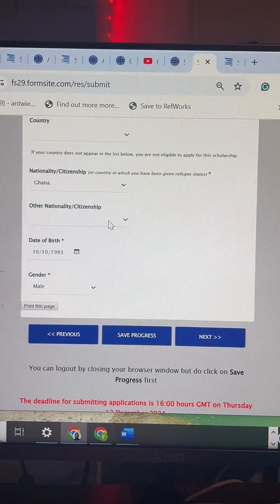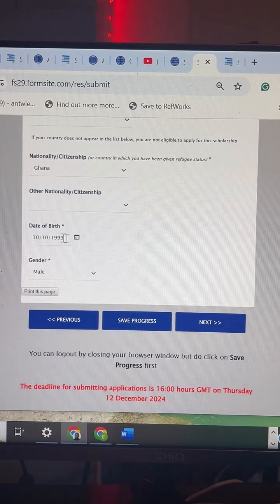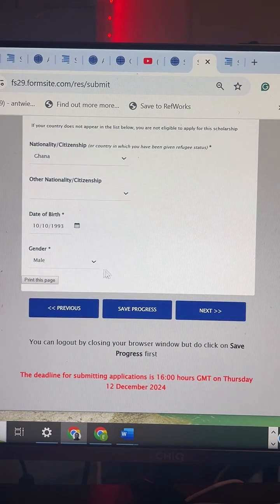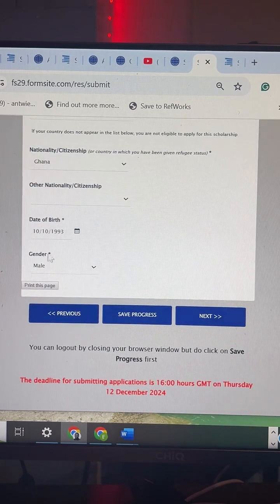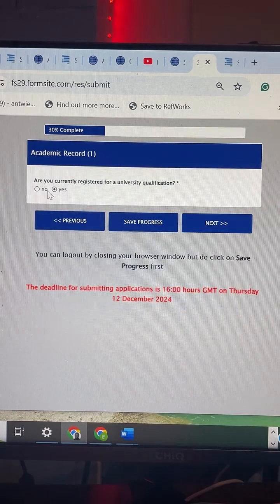And then you choose your nationality, and then if you have a dual citizenship, then you select that as well. And then date of birth, you select your date of birth, and then these are all for the purpose of this discussion. None of this information are entirely true. And then select your gender, and then you move on to the next one.